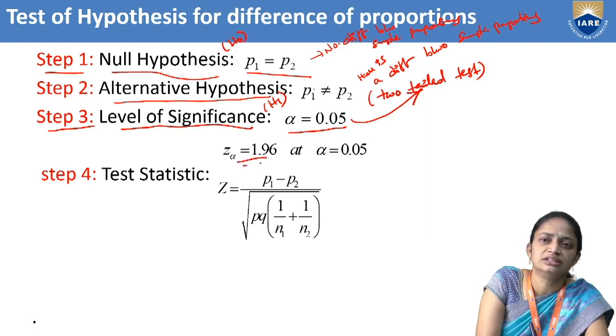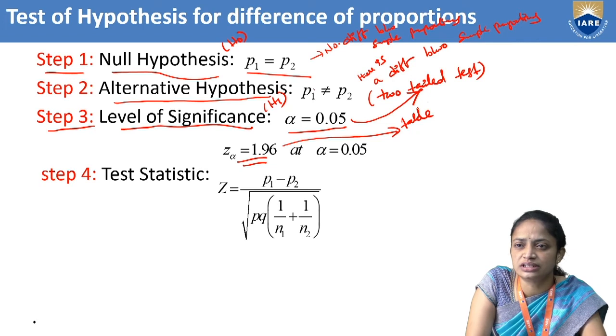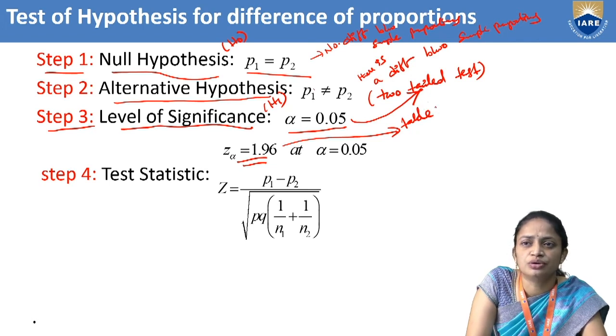Then Z alpha is 1.96. We have to take this value from the table. Already I have discussed this in the previous sessions. So go through those videos, then you will get a clear idea about how to take the Z alpha value from the table. I will give the link in the description.